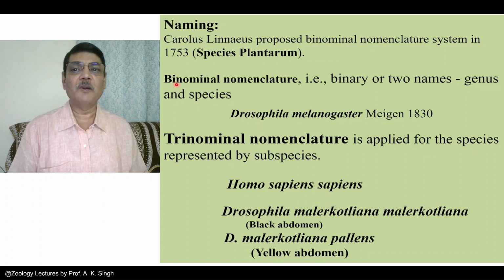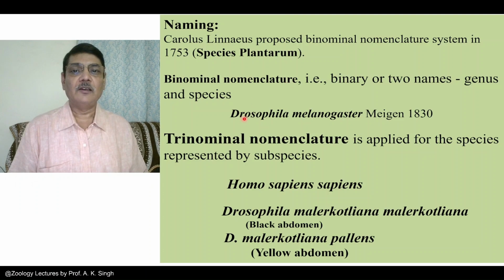He gave the term binomial nomenclature, that is, binary or two names, that is, genus and species. These are two separate names that should be given to the organism. But we, I mean animal biologists, use the term binomial nomenclature.